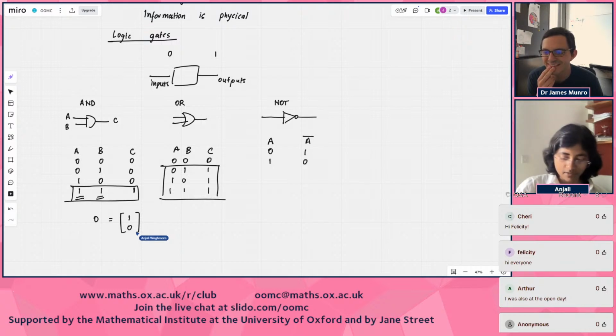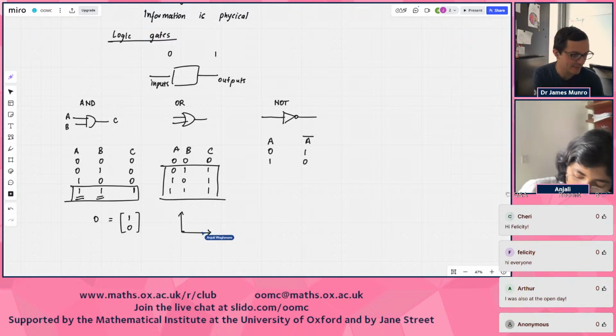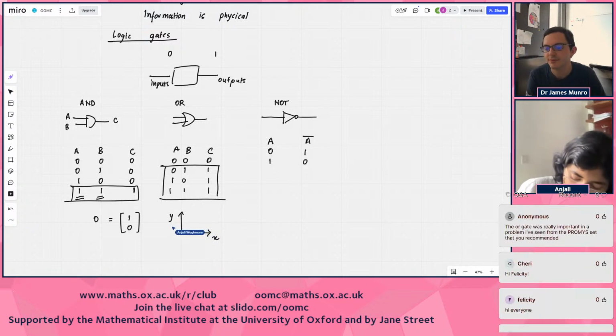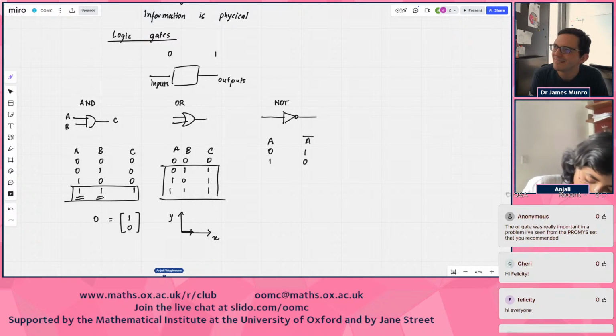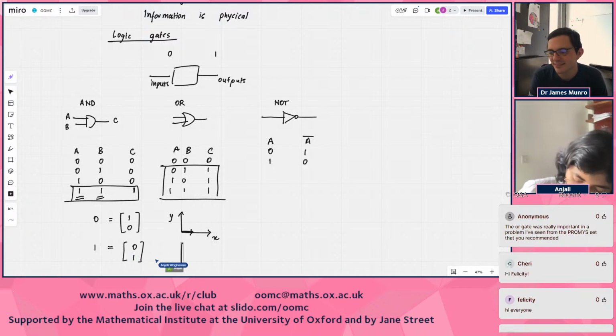In a 2-dimensional space, say an XY axis, a 0 bit is a tiny vector of length 1 along the x-axis. Similarly, I can represent 1 as (0, 1), a tiny vector along the y-axis of length 1.